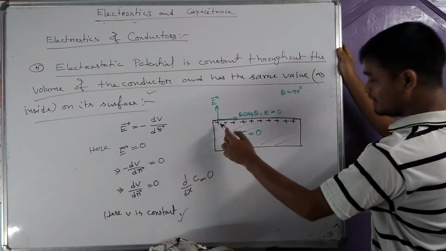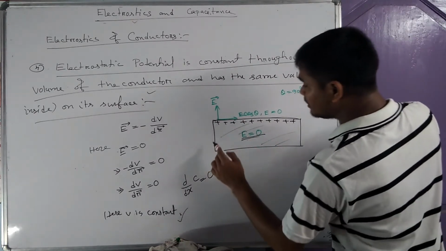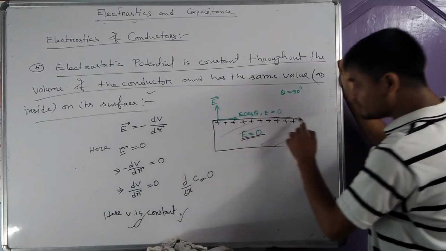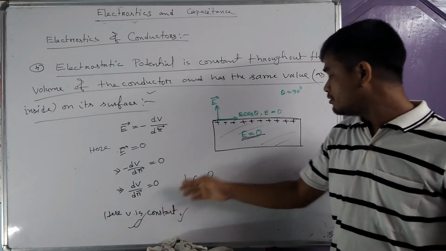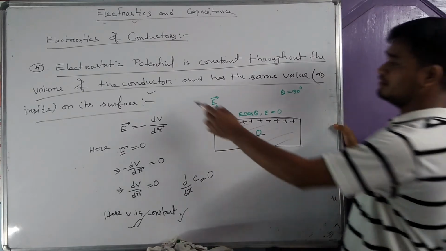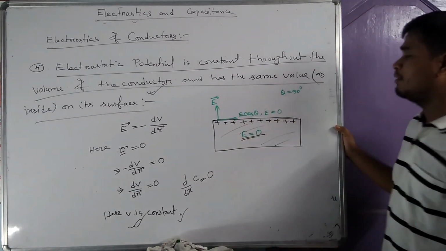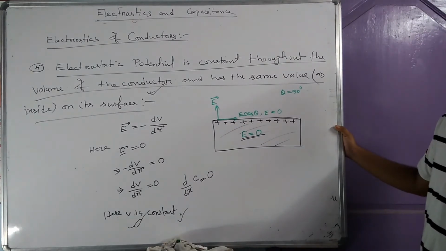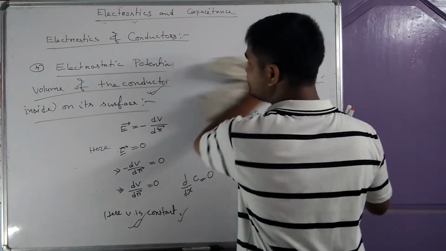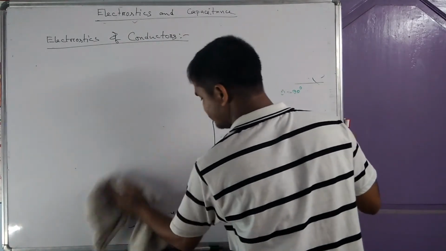Inside the conductor, electric field is 0 and potential is constant. On the surface of the conductor, electric field is also 0 and potential is also constant. And it has the same value: V is the same all over the surface of the conductor and inside the conductor. This is electrostatic shielding.